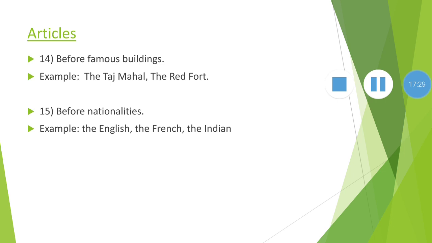Once again I repeat, if the word begins with a vowel-like sound, we use an. If the word begins with a consonant-like sound, we use a. And the is a definite article. When we get a particular or specific sense, we use the article.